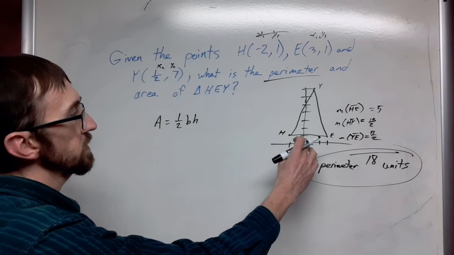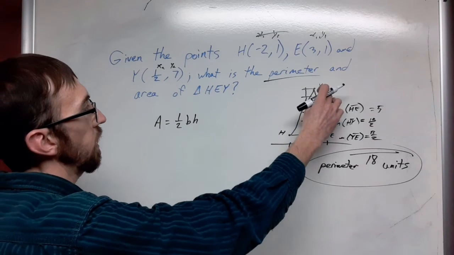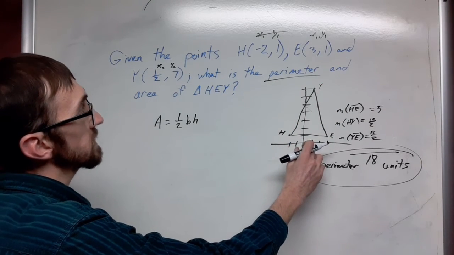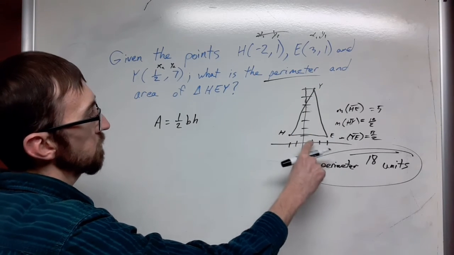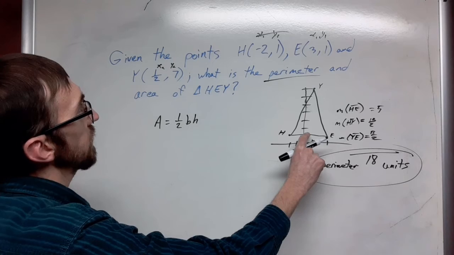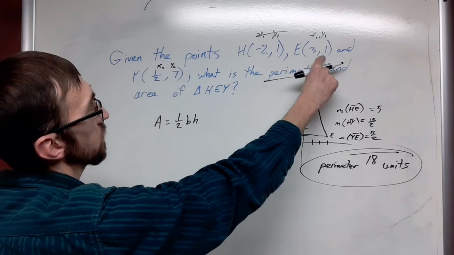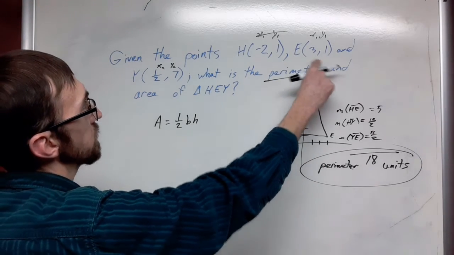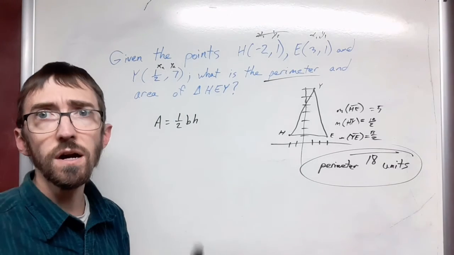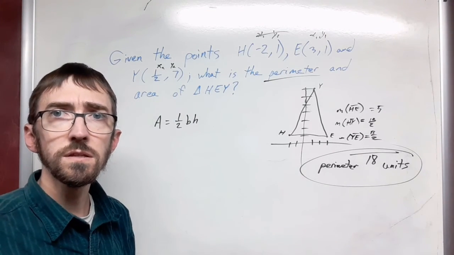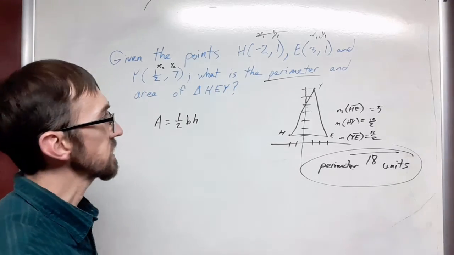The height is going to be from the base of the triangle to Y. From the x-axis to Y was 7 units, but the base of the triangle is at 1 since our y values here are 1. So the difference between 7 and 1 is 6. So the height of our triangle here is 6.